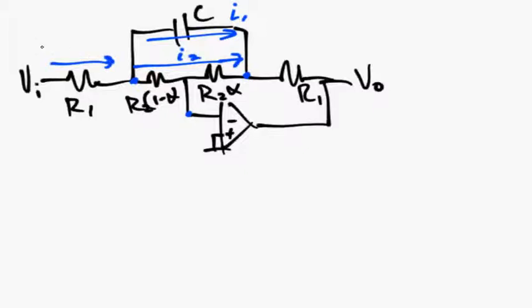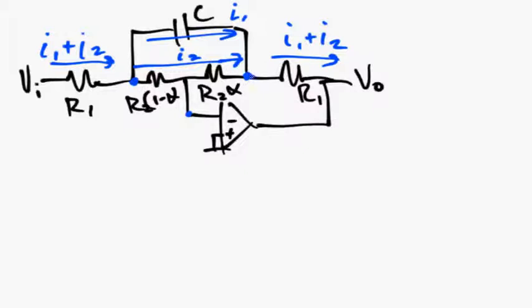And this current will be I1 plus I2, and this current will also be I1 plus I2. Because no current flows into the op-amp, I2 can just go straight across, and I1 and I2 both have to go through both of these R1s.